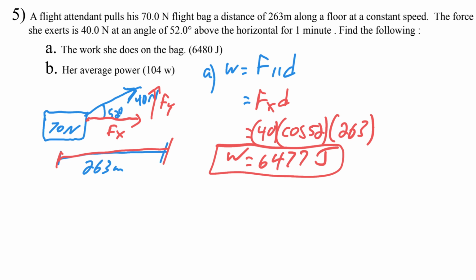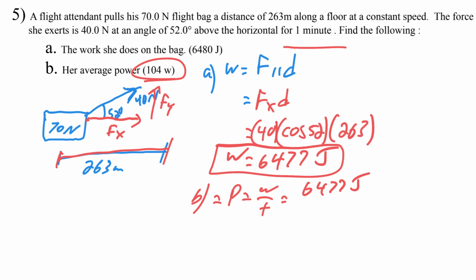Okay, and we're going to do that for 1 minute, and we want to find the power. So again, power is work over time. So we just calculated the work, 6,477, and they said 1 minute. Don't forget, you do have to convert that to seconds.